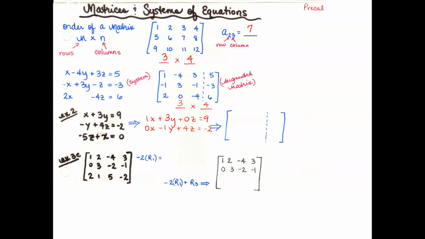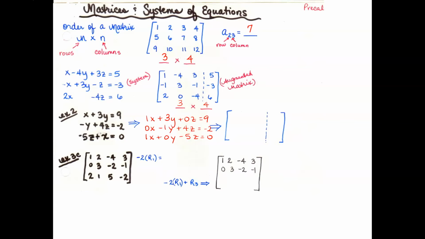It does need to go x, y, z. I'm missing a y term, and this is not in the correct order. So how would I want to write my third equation? How many x's? 1x. How many y's? 0y. And then we had the minus 5z.